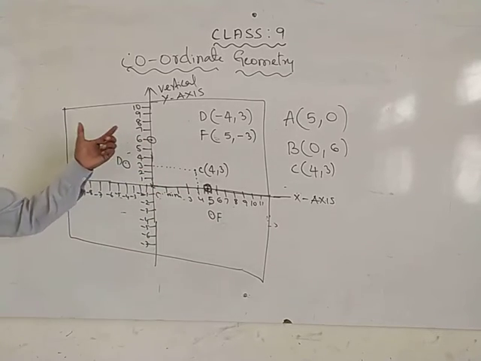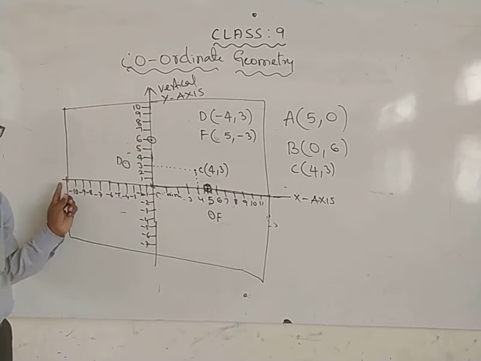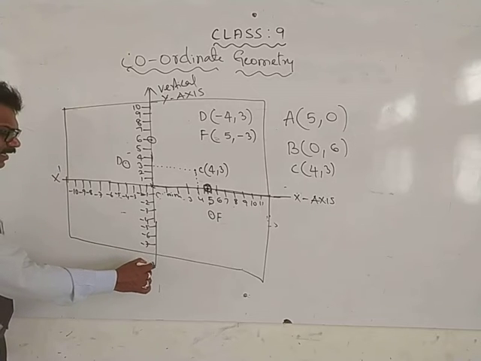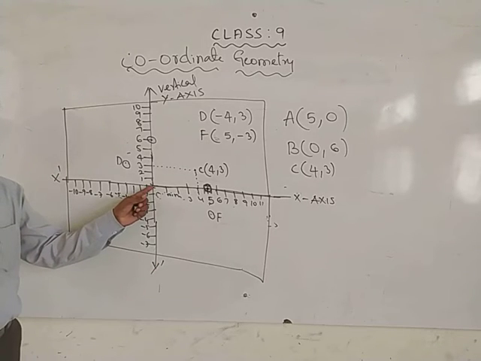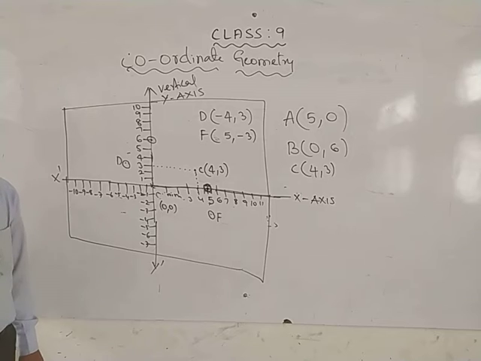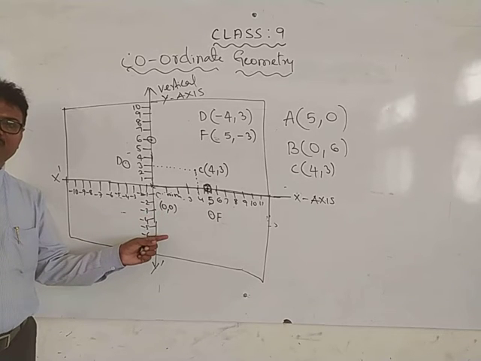So this is the Cartesian plane where the vertical line and horizontal line both intersect at one point. The point is known as the origin and its coordinates will always be 0, 0. In one more multiple choice question, the coordinates of origin are 0, 0; 1, 0; 0, 1; 1, 1.